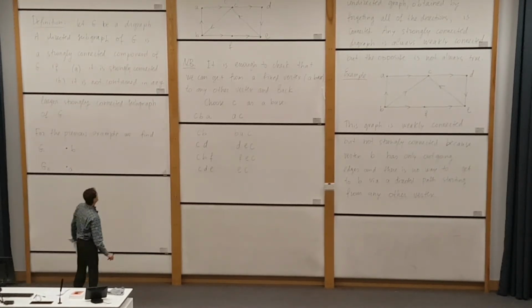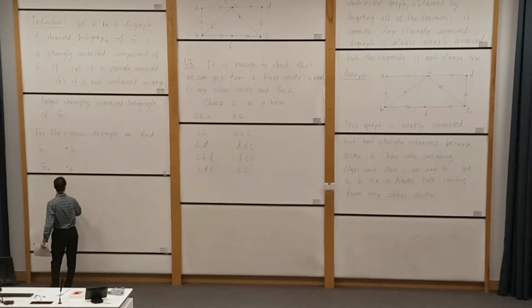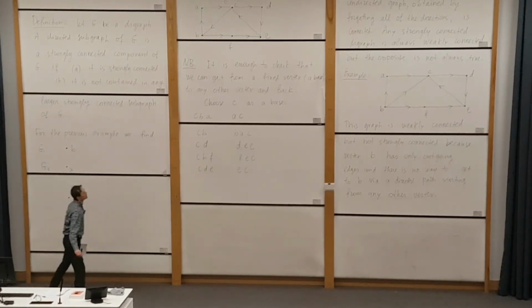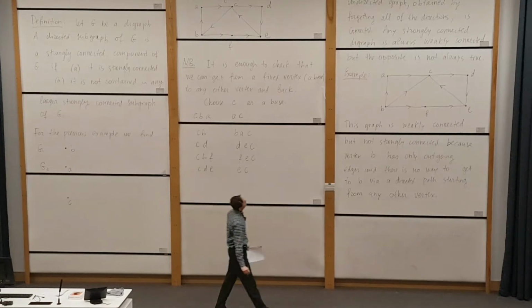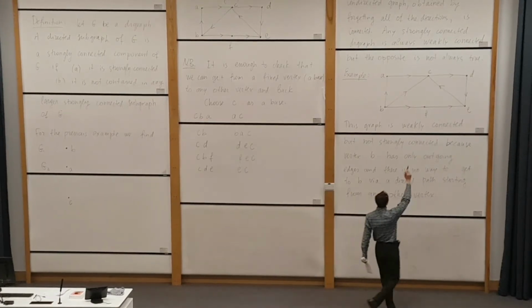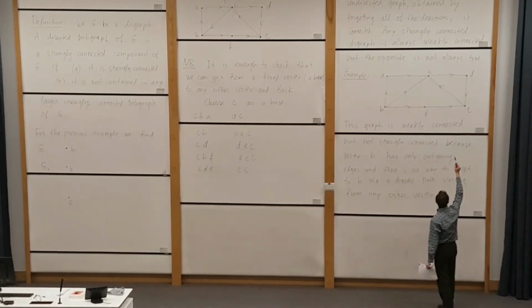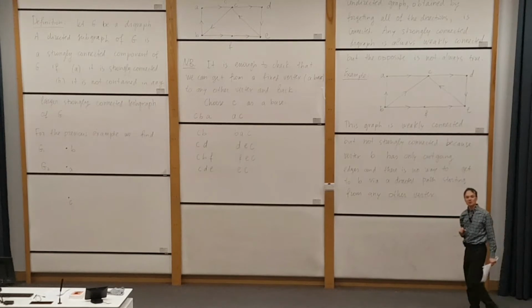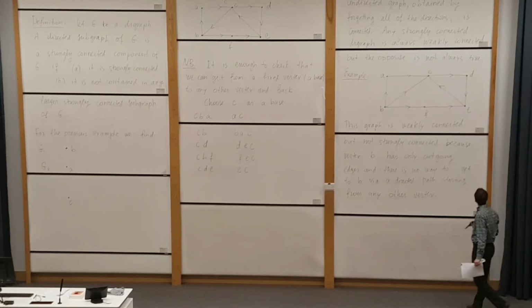Okay, let's next pick up C. So I can travel from C to D, and then from D I can travel to E and then back to C. So C and D together belong to a strongly connected component.